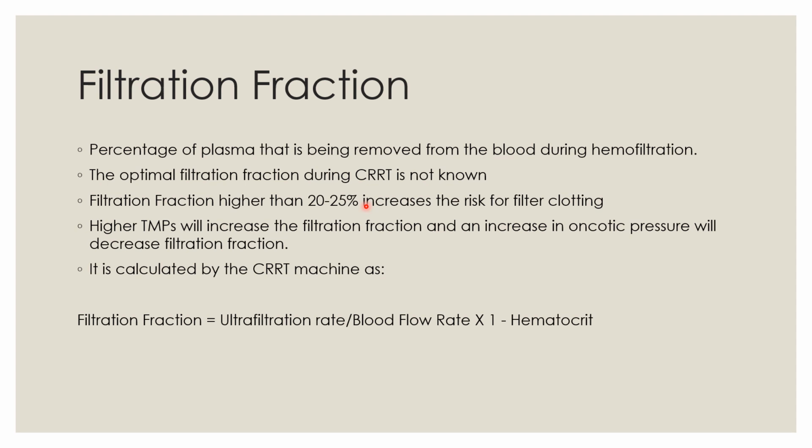Successful dialysis without anticoagulation with a filtration fraction of 15 to 20% is possible. A filtration fraction higher than 20 to 25% increases the risk of filter clotting. Higher transmembrane pressure will increase the filtration fraction, and an increase in the oncotic pressure will decrease the filtration fraction.